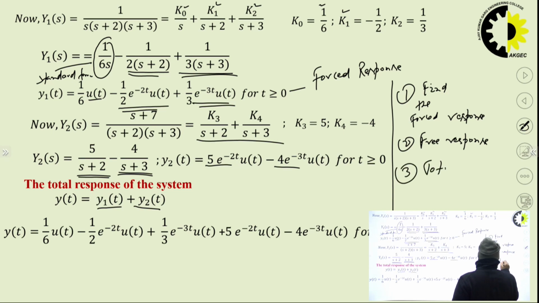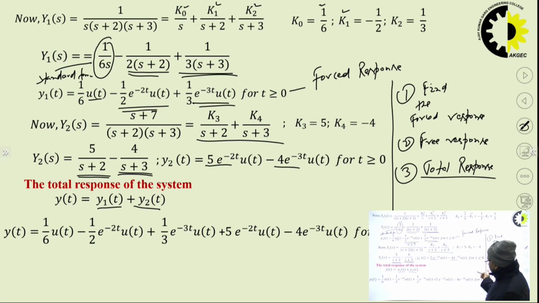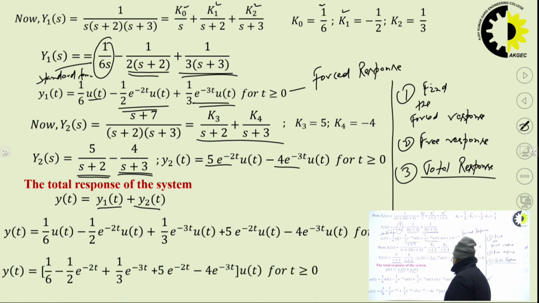In the questions they may ask to find the forced response, free response and the total response; then we have to show y1(t) and y2(t) also. If the question is just for the total response, then we just add them to get y(t). This is the total response of the circuit.